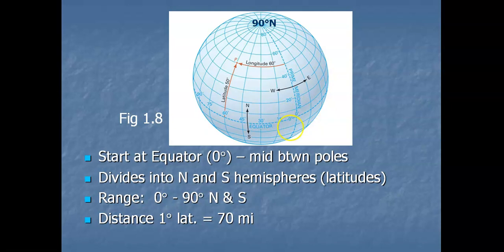It's actually 69.4 miles equals 1 degree of latitude. I live in Baton Rouge, and I drive about 70 miles back and forth from Thibodaux to Baton Rouge, so I'm basically driving 1 degree of latitude on my way back and forth. That's just a little tidbit of information.